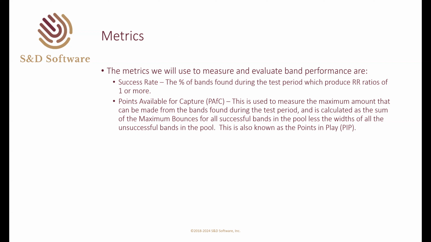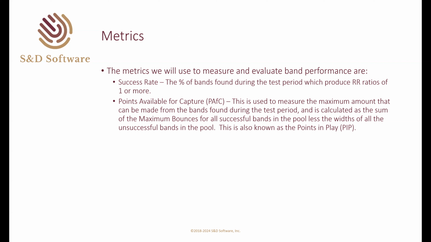And the next one is something that's unique to what we're doing. We call this the points available for capture, or the points in play. What we're doing is looking at the maximum number of points that can be made from the bands found during the test period.